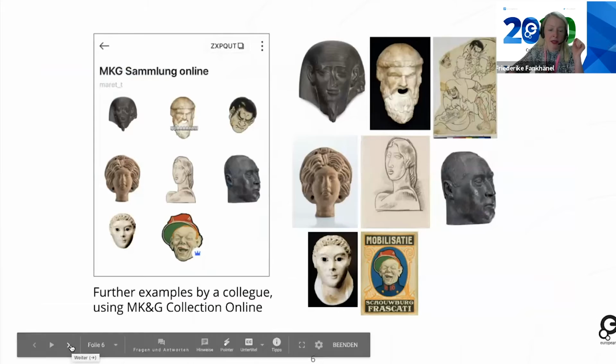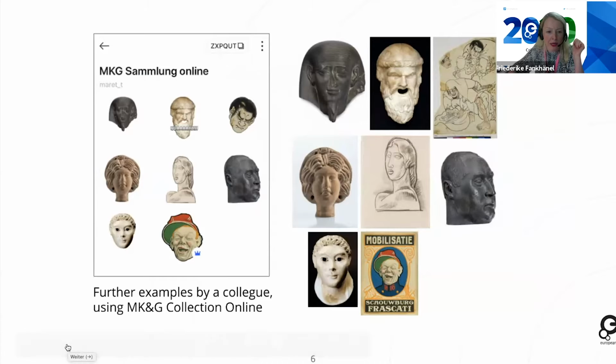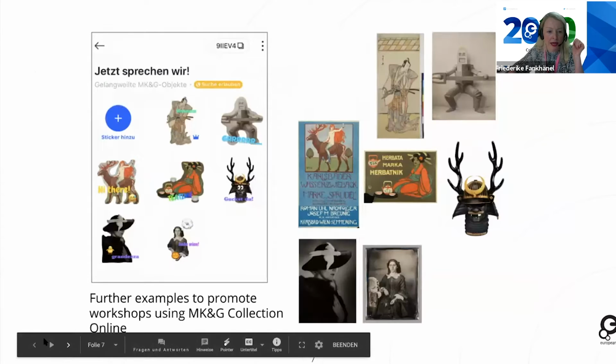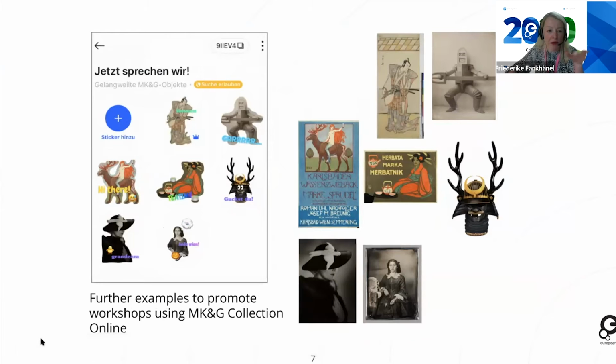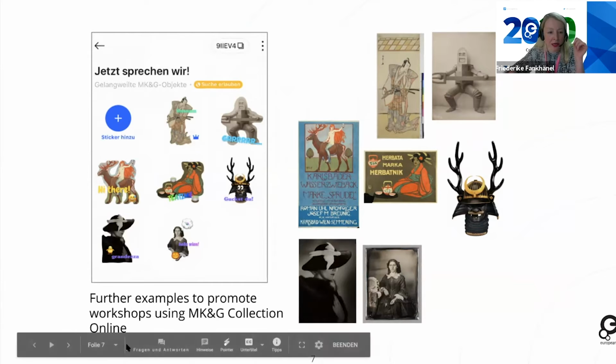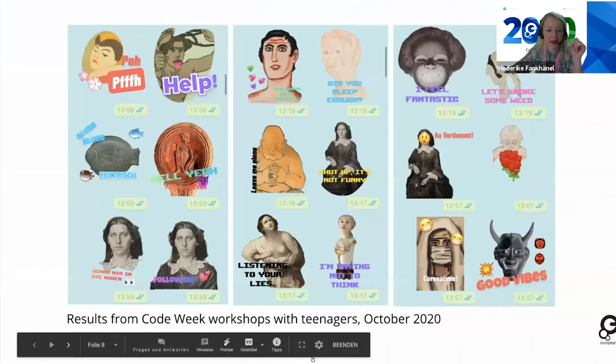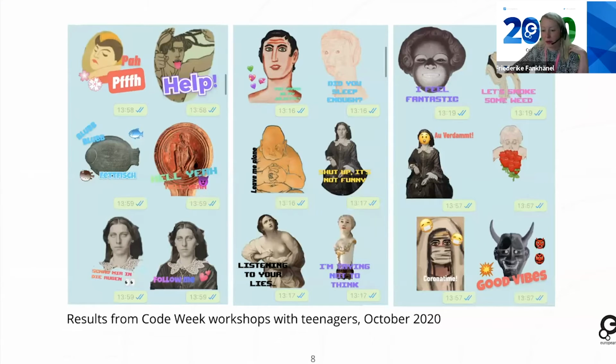I'll show you some more examples. That's what the colleague did when I explained to her how it works. She also took examples from our online collection. Then I offered this as a workshop for teenagers, so I created some stickers to promote it. Maybe you can see already a little bit how the style of the stickers changed here. I used text and emojis as well. Here you see some of the results the teenagers made.